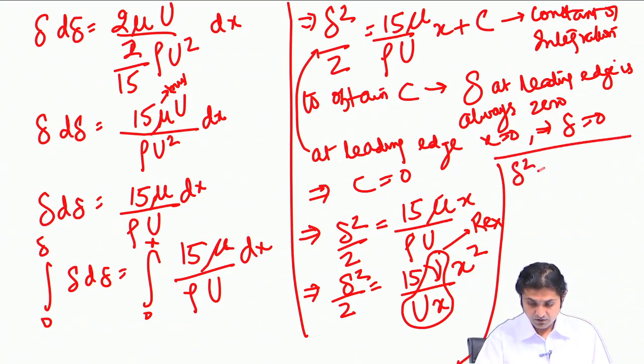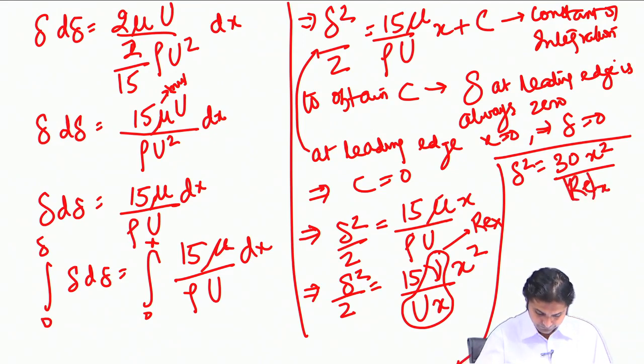Then delta square can be written as, we take 2 this side, that will be 30x square divided by Re_x, right? Or in other words, under root.